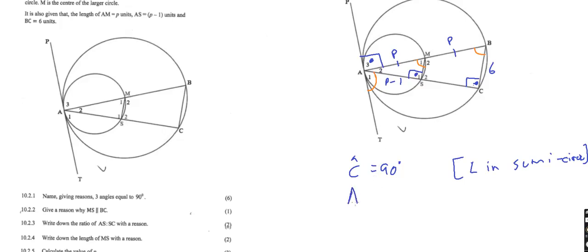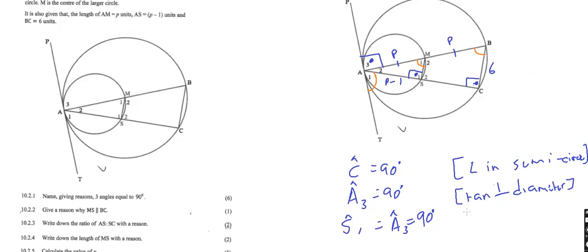But even A3 is 90 degrees because this is going to be tan perpendicular to diameter. And then this S1 is going to be equal to A3 because of tan chord theorem.